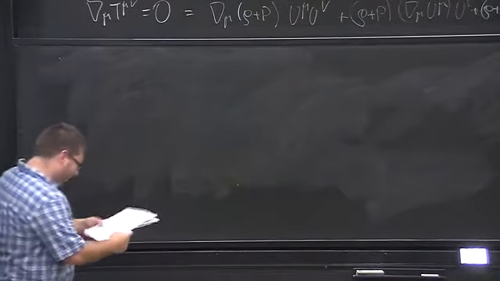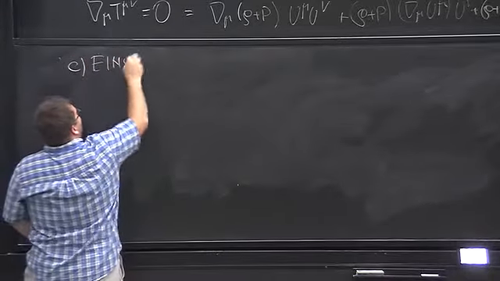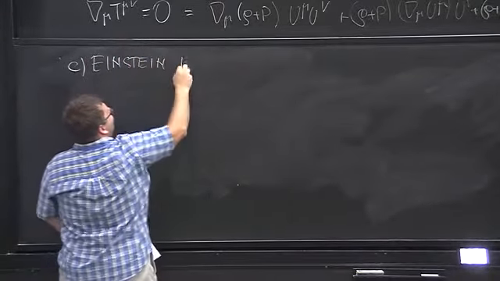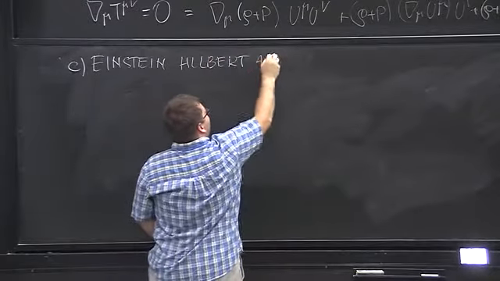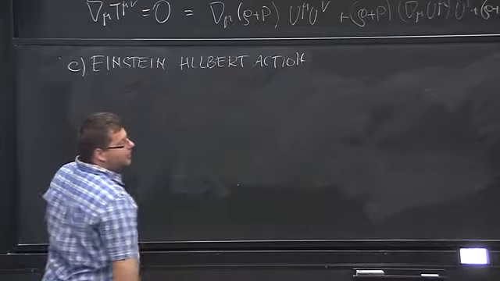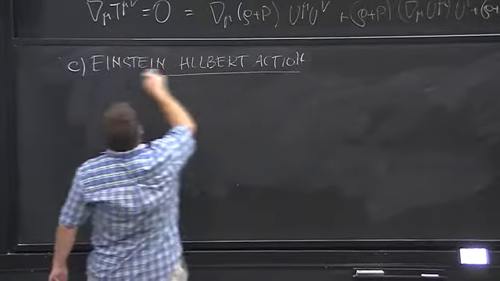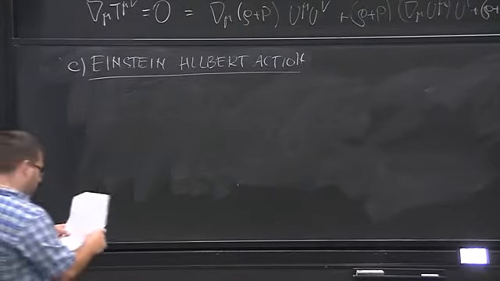Okay, part C, the Einstein-Hilbert action. For the previous problem, all you need to find is the fields of a uniformly accelerated charge. It's really very simple in the Maxwell theory, but in this Born-Infeld theory it's really complicated.